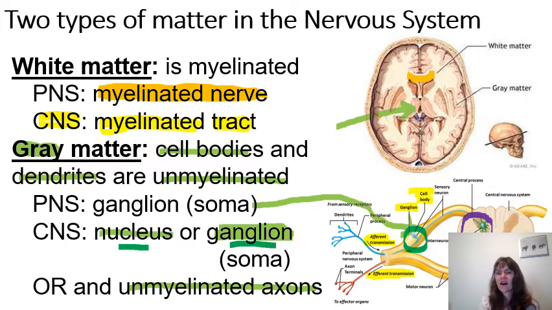Because they are cell bodies and dendrites, they are unmyelinated and they are in the gray matter of the spinal cord, which also appears brown like it did in the brain. Cell bodies and dendrites are never myelinated. Sometimes axons are unmyelinated. Anything that doesn't have myelin is gray matter. Anything that has myelin is white matter.